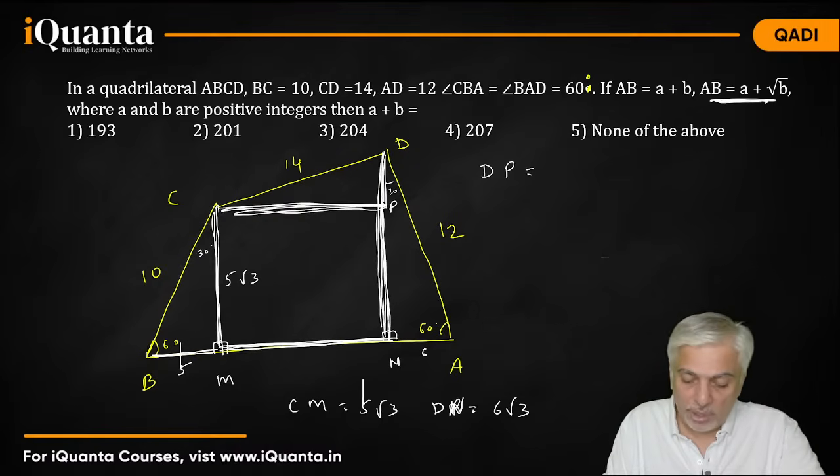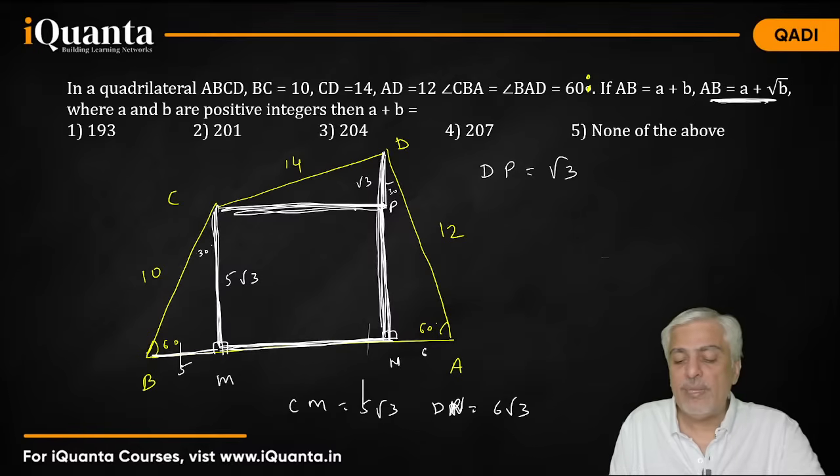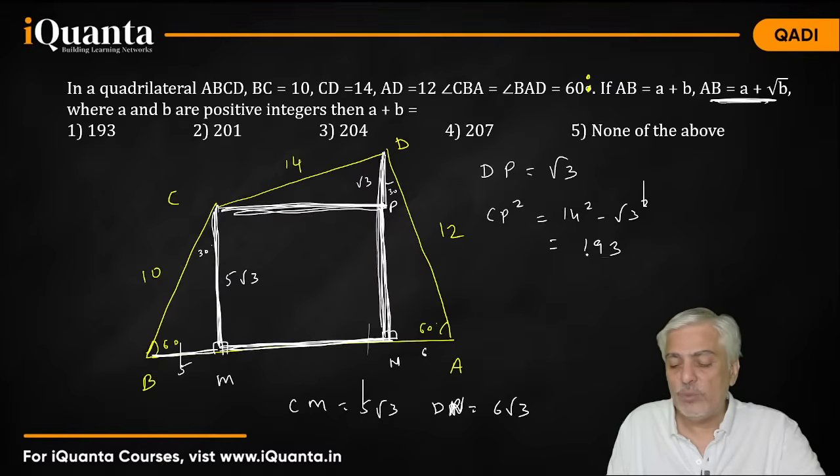Subtraction. Because if this is 5 root 3, then this is also 5 root 3, and the whole is 6 root 3. So DP will be 1 root 3. Take Pythagoras to find CP. CP square will be 14 square minus root 3 square. 196 minus 3, 193.